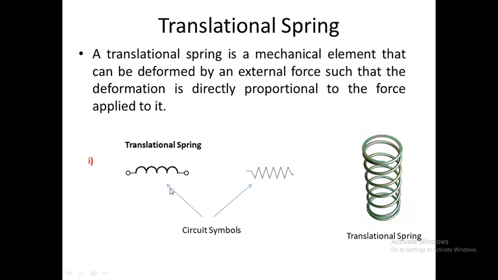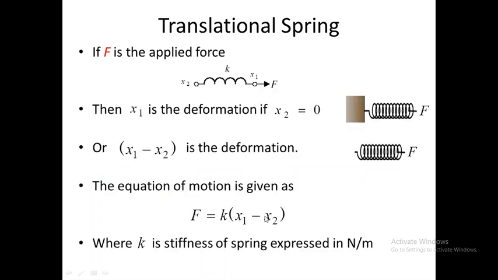Then this is the symbolic representation of a spring. Then this is the equation for the spring. If F is the applied force, then F = K(x1 - x2), where K is the stiffness of the spring expressed in Newton per meter.